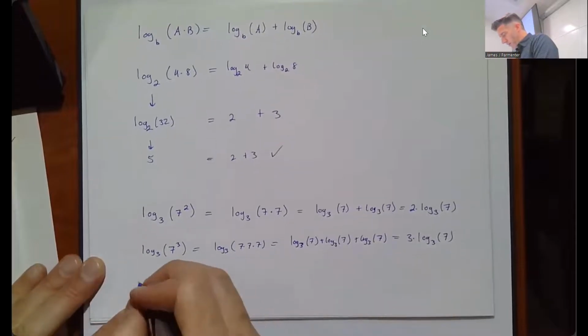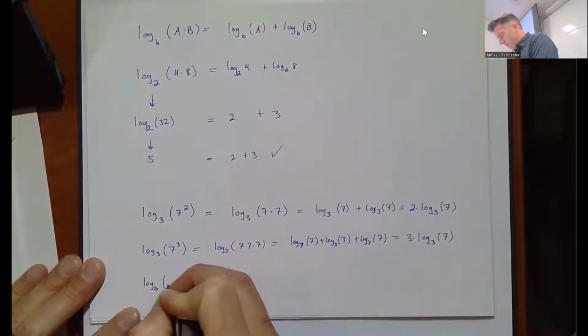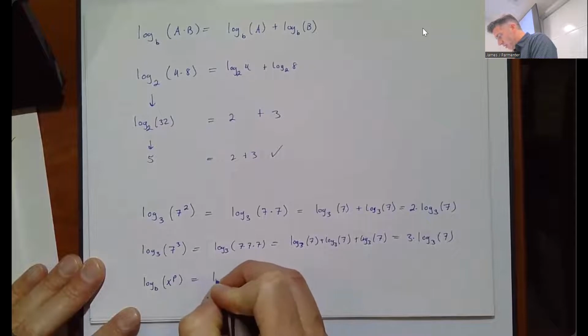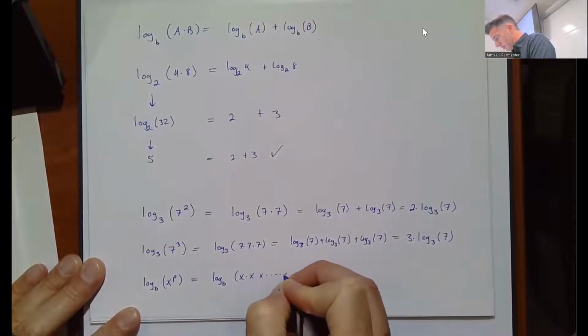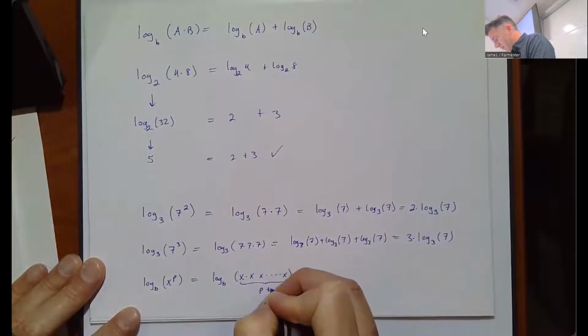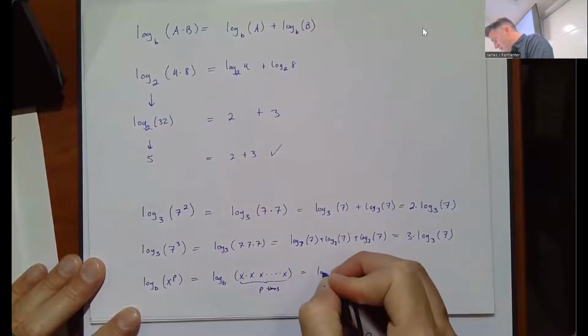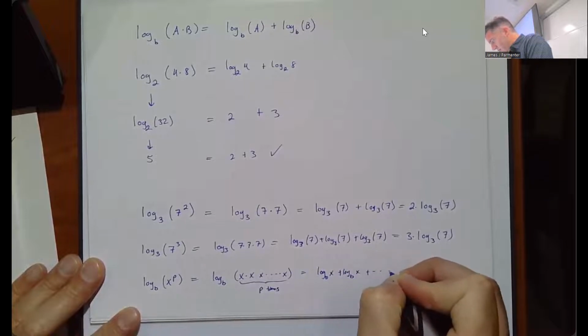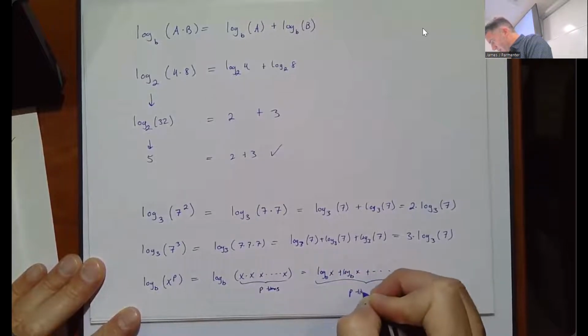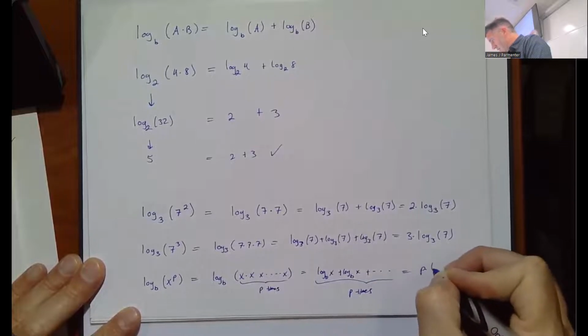If you have log base b of x to the p, it's really log base b of x plus log base b of x, p times, which is p times log base b of x.